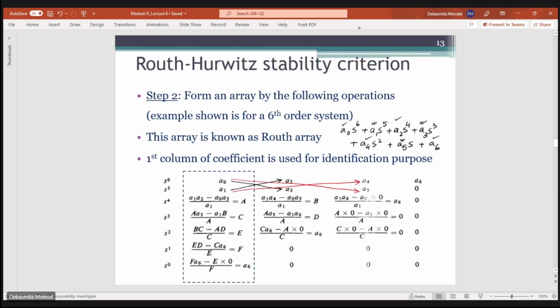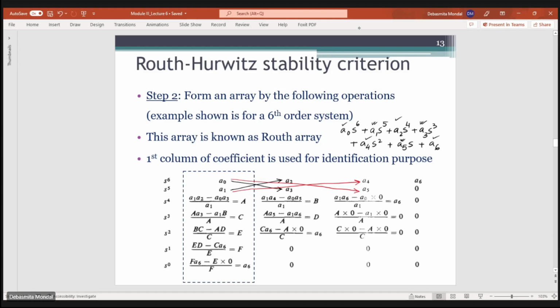In the fourth row also, you will find the elements in a similar way. You start from this row and multiply the first element A with A3, minus A1 with B, divided by this element A. Similarly for this term, you multiply A with A5 minus A1 with A6, then divide by A. And for this term, you have A multiplied by 0 minus A1 multiplied by 0, so this term becomes 0.